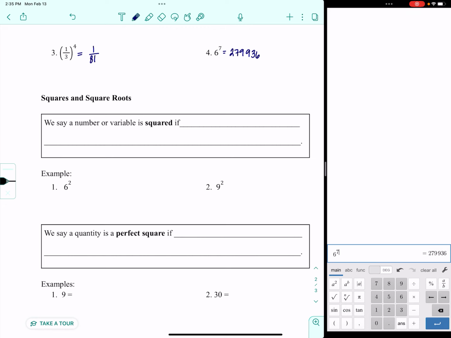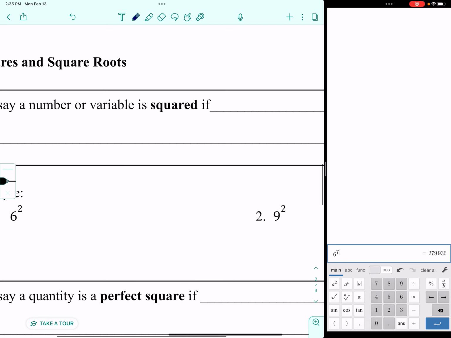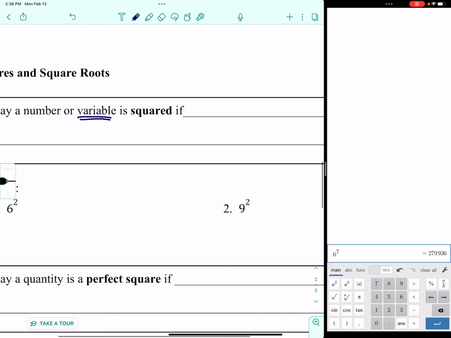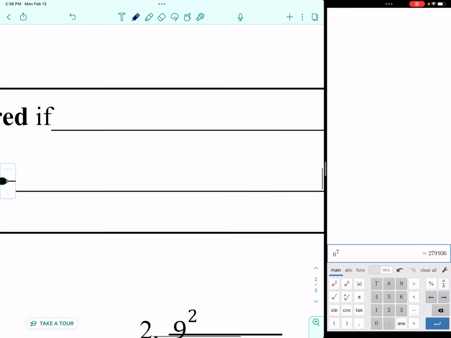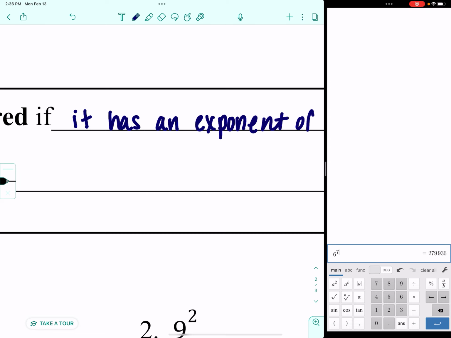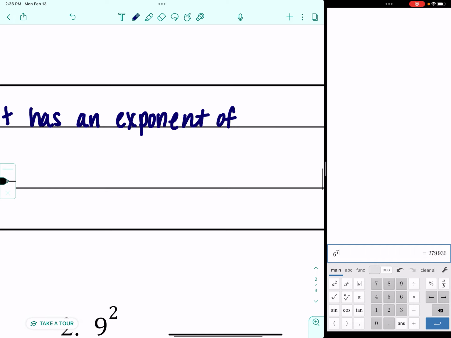Now we're going to take a look at squares and square roots. We say a number or variable is squared if it has an exponent of 2.